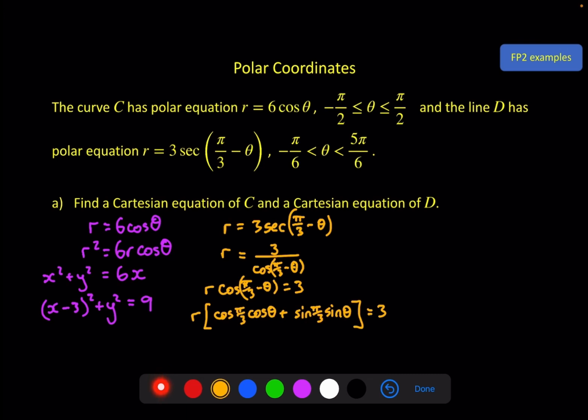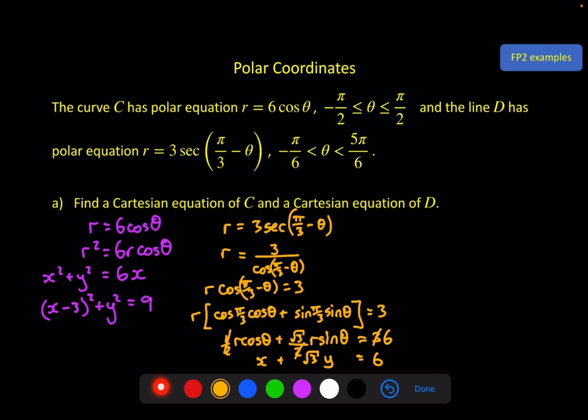So doing those things together gives me a half r cos theta plus root 3 over 2 r sine theta equals 3. I can multiply everything by 2 here to give me a 6 here instead, and then r cos theta is x, and r sine theta is y. So we're going to have x plus root 3y equals 6.